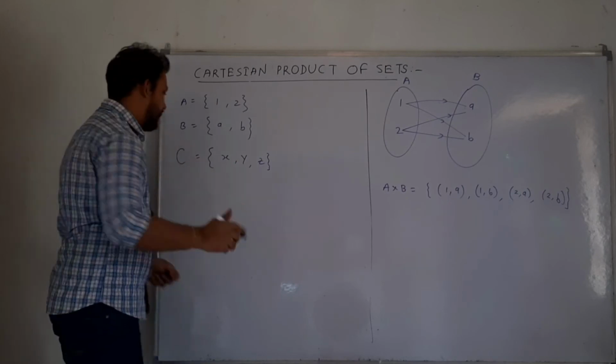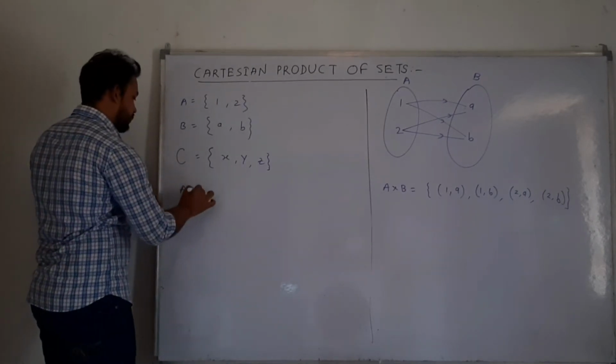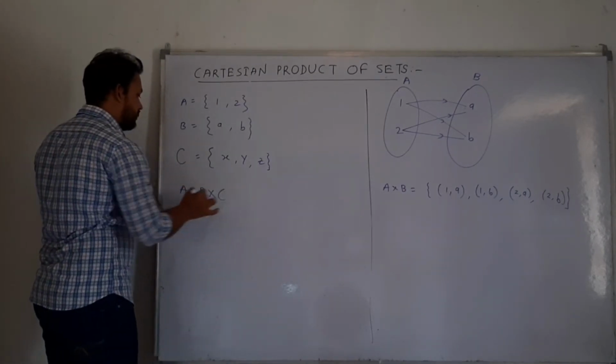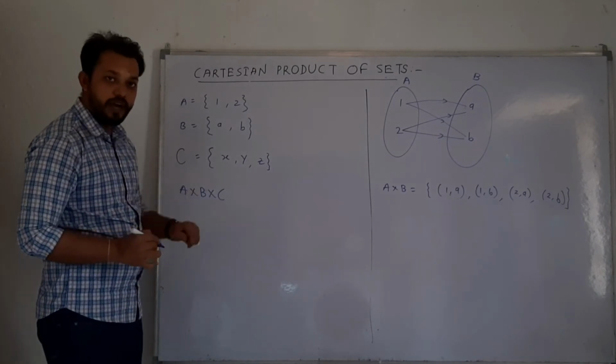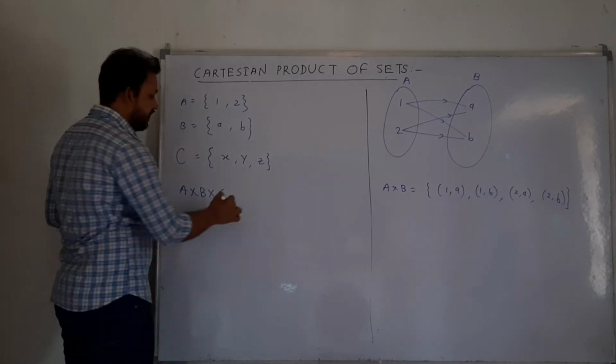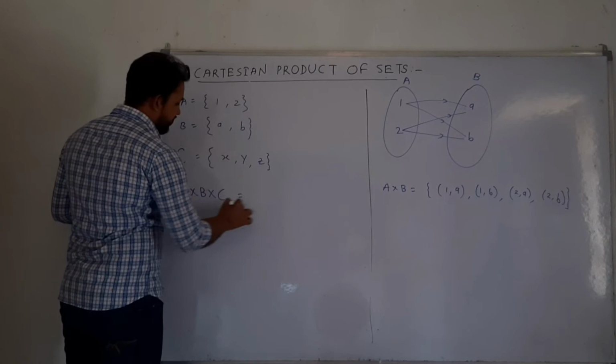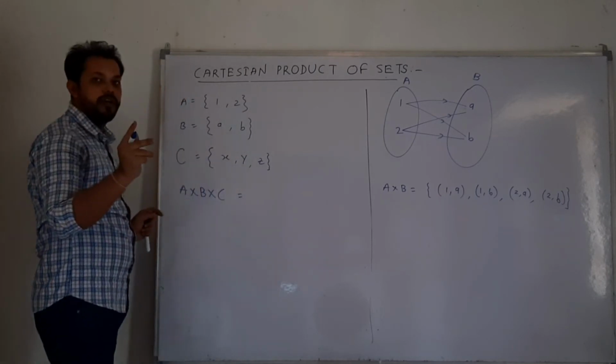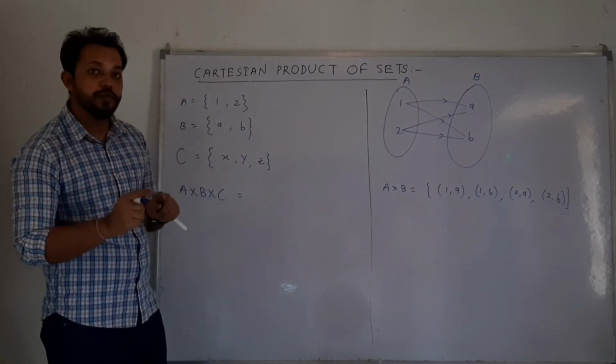But we have to find A cross B cross C. To find it, we are going to break it into 2 parts.